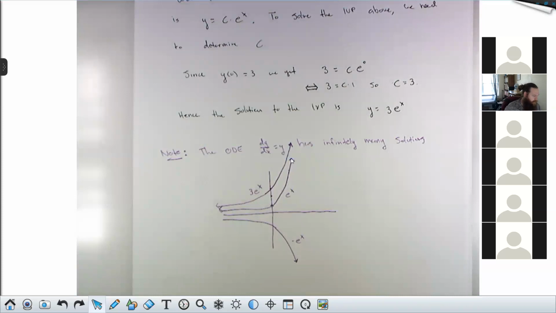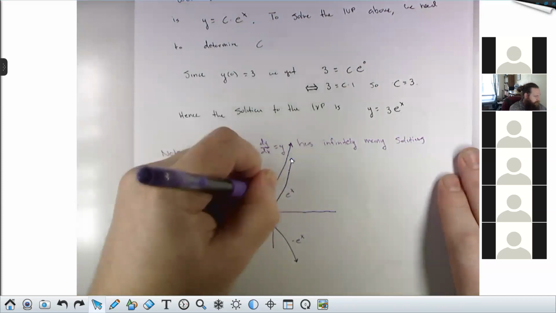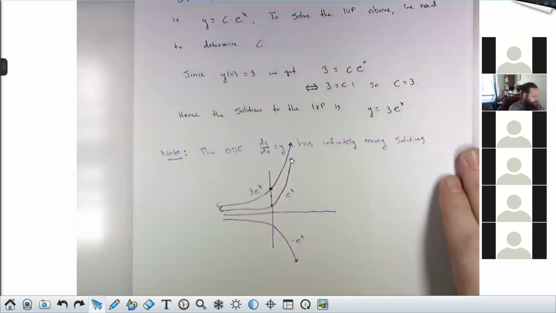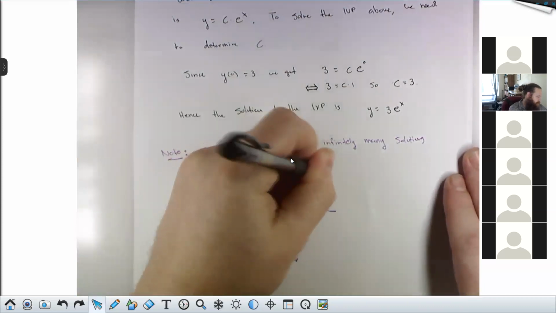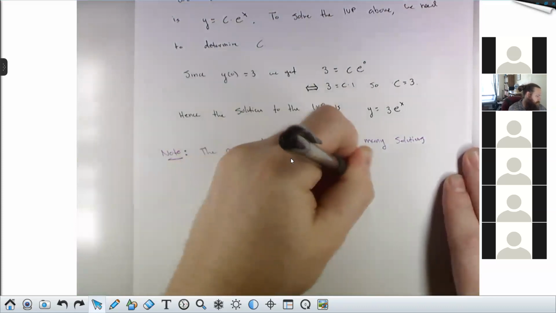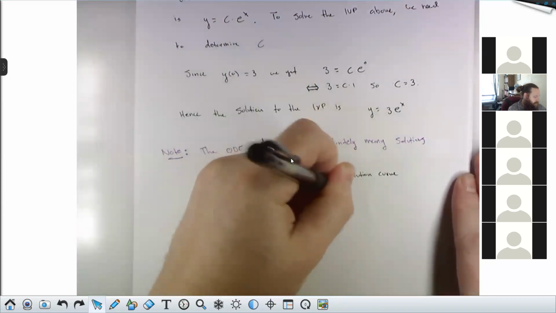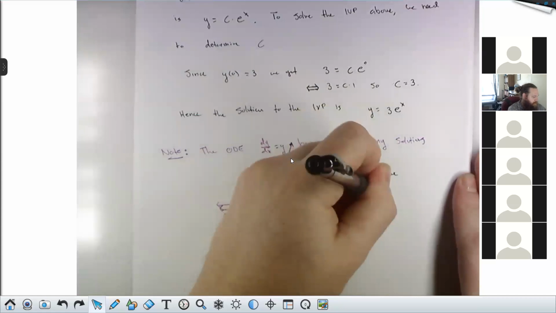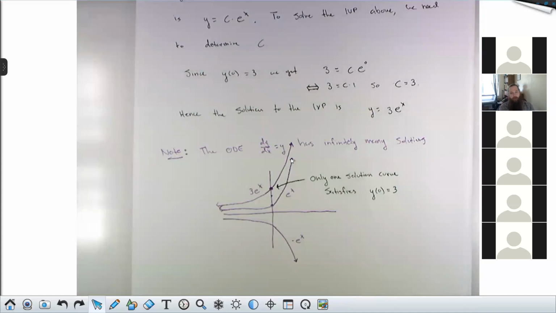But only one of these satisfies the initial condition. Only one solution curve satisfies y of 0 equals 3. All the others have different y-intercepts, because if you change that number c in front of c times e to the x, you change the y-intercept.